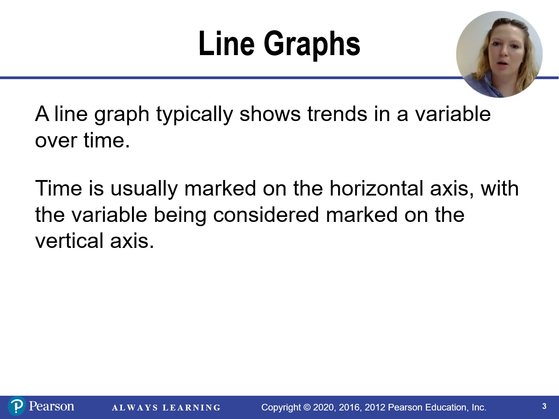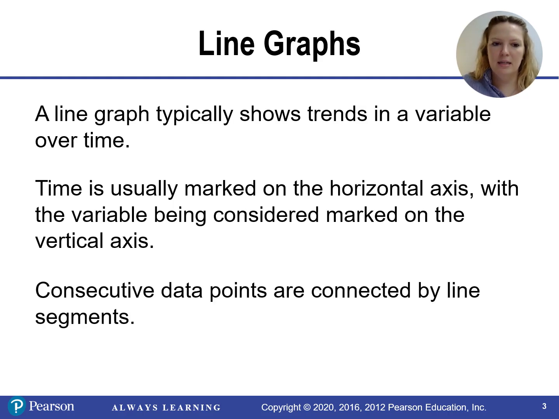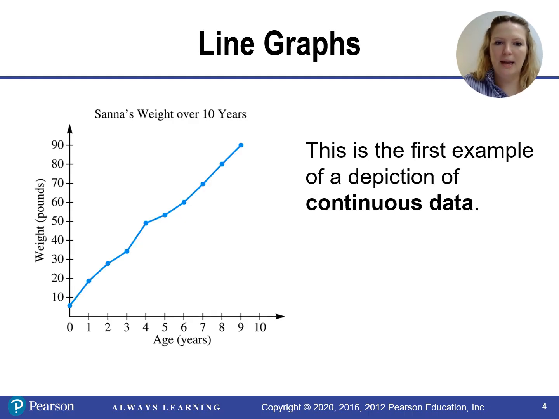All right, so a line graph typically shows trends in a variable over time. Time is typically marked on the horizontal axis, and the variable being considered is marked on the vertical axis, and consecutive data points are connected by line segments. So, for example, we might want to look at a child and their growth in weight over 10 years of their life.